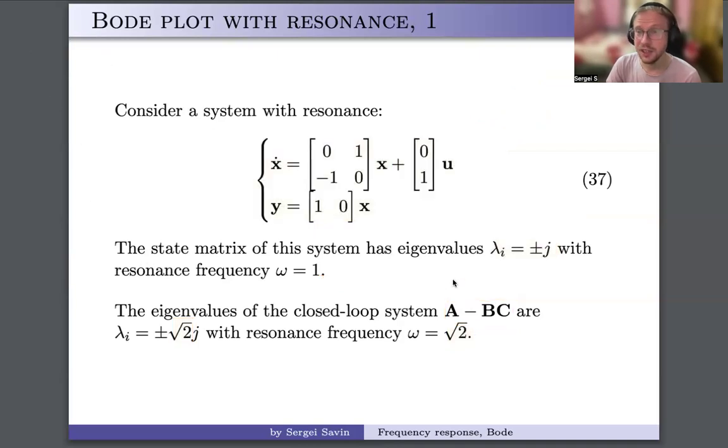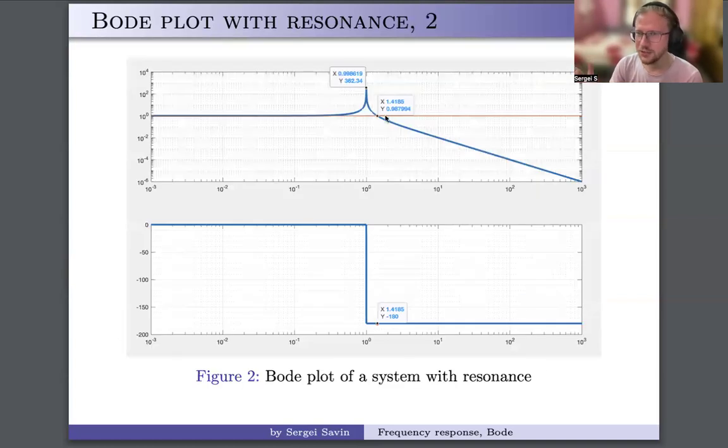Now let's look at the Bode plot of this system. That is what I showed you earlier. So I said that the resonance frequency is 1. That is exactly what we see here. There is a spike that would go all the way to infinity, and the height of the spike depends only on how fine the resolution is.